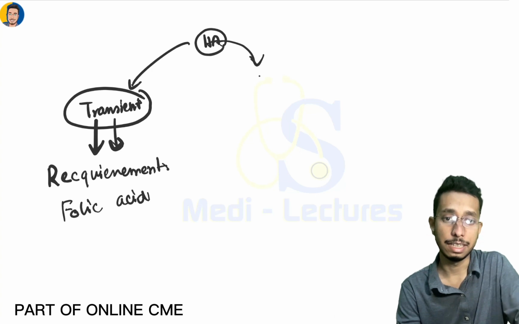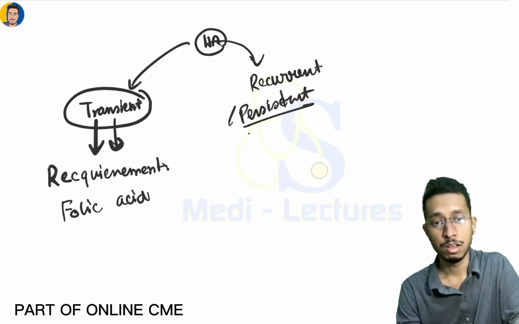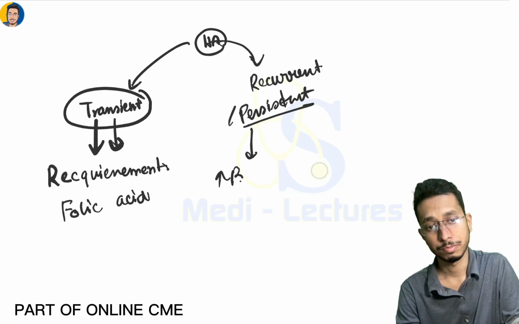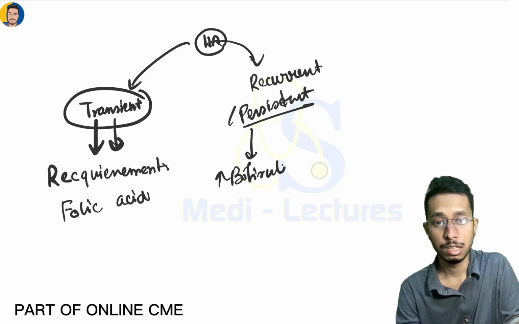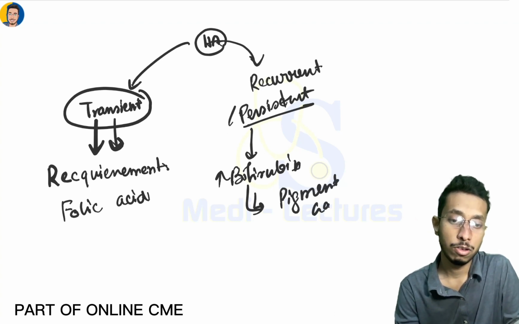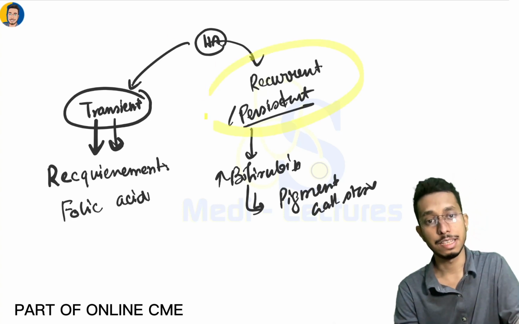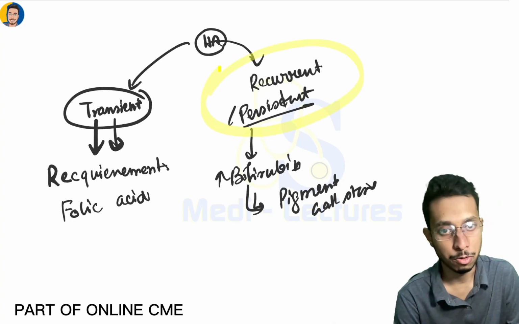If it is recurrent or persistent, there will be time to time rise in bilirubin, which can give rise to pigment gallstone. In fact, this is the usual presentation of hereditary spherocytosis.